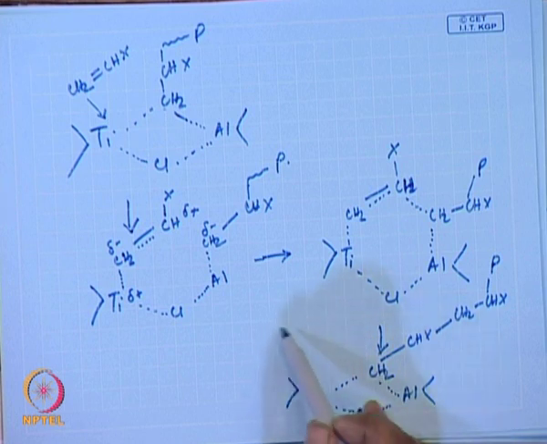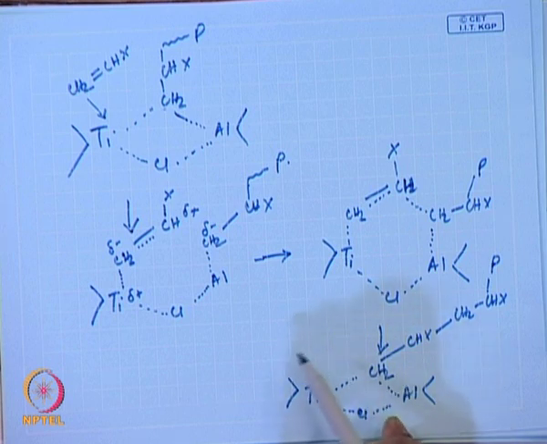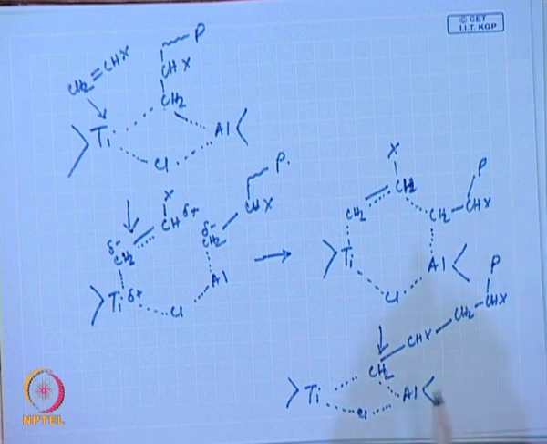Again, the next monomer comes and gets inserted here, following the same mechanism, and you get linear polyolefins in this case.